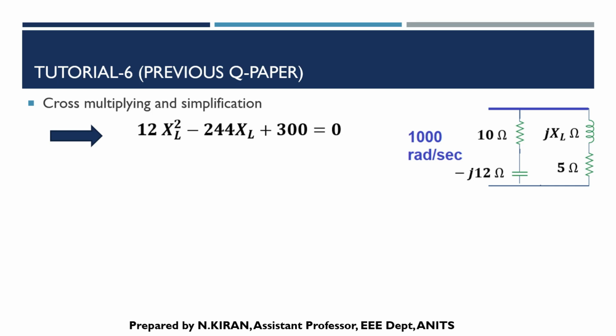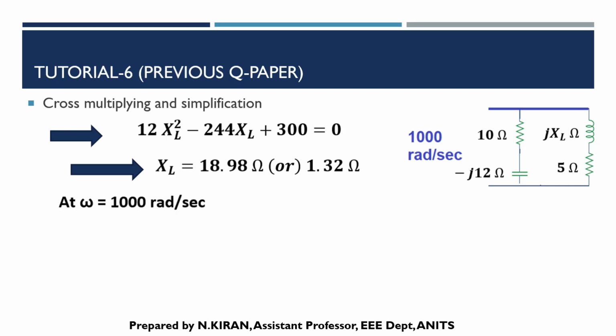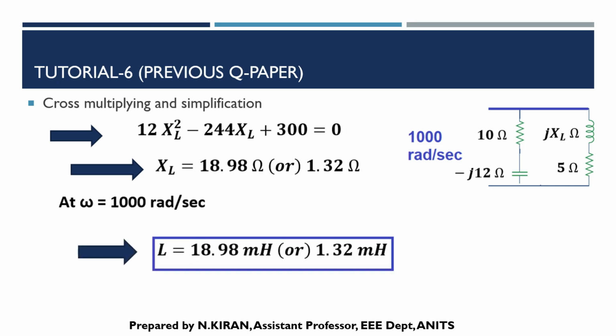Finding the roots, we get two values for XL, which are 18.98 ohms or 1.32 ohms. We know that XL is equal to omega L, which gives the value of inductor to be 18.98 millihenry or 1.32 millihenry. So this is the value of inductor at which the circuit resonates at 1000 radians per second.